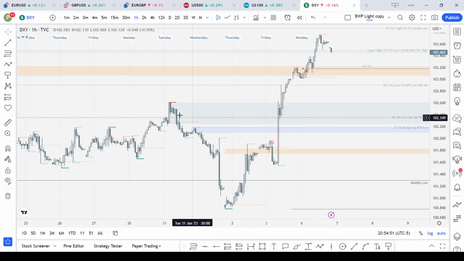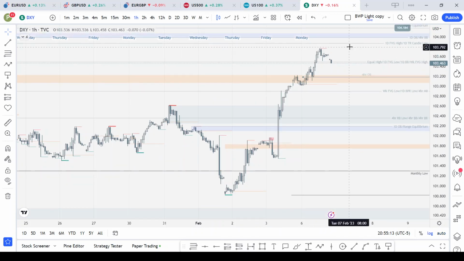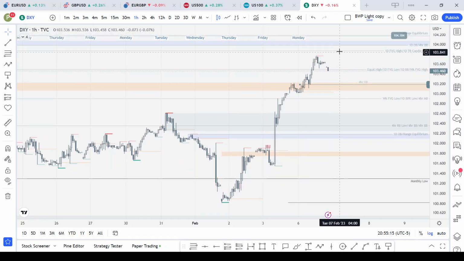Though I'm permitting it to drop to the equilibrium, preferably if the market is really bullish and you see a dynamic move like this that leaves all this breakaway gap, it doesn't need to come back down to fill it because this entire range has been balanced already. All right, so a drop down here and a rally to the upside to fill the rest of the daily fair value gap into this daily OB, and then we'll watch to see what happens from there.